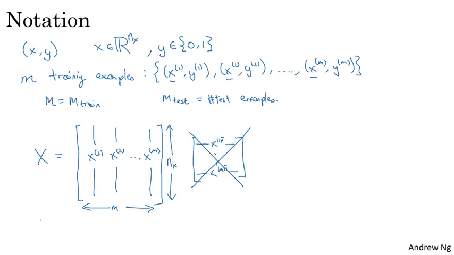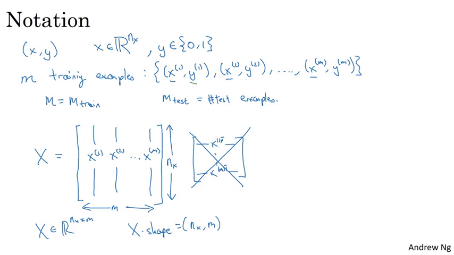So just to recap, X is an nx by m dimensional matrix, and when you implement this in Python, you see that X.shape, that's the Python command for finding the shape of a matrix, is (nx, m). This just means it's an nx by m dimensional matrix. So that's how you group the training example inputs x into a matrix.